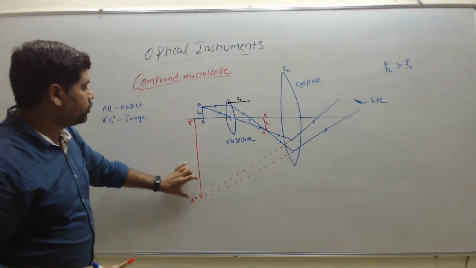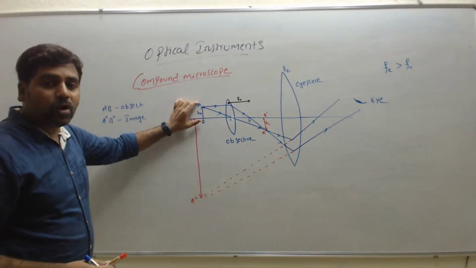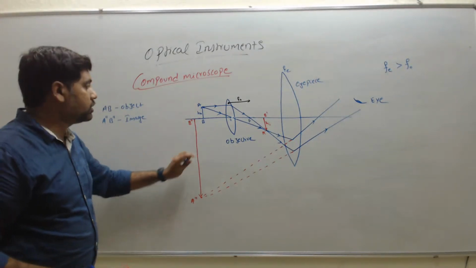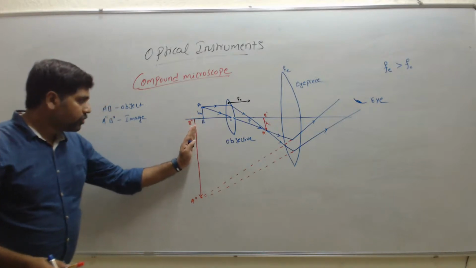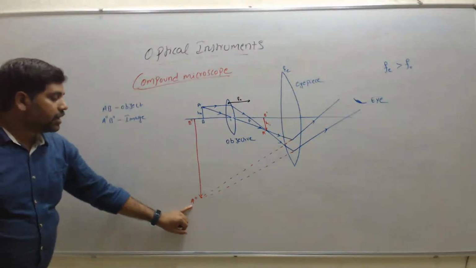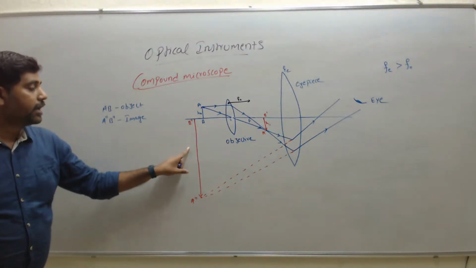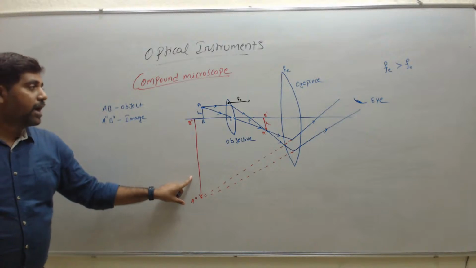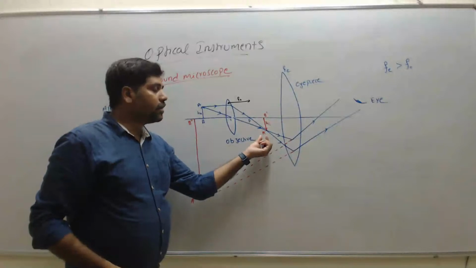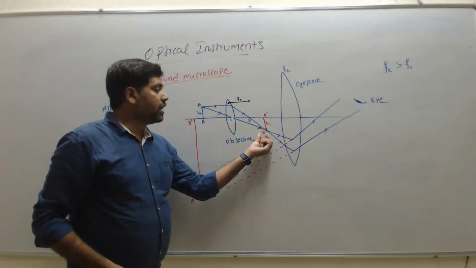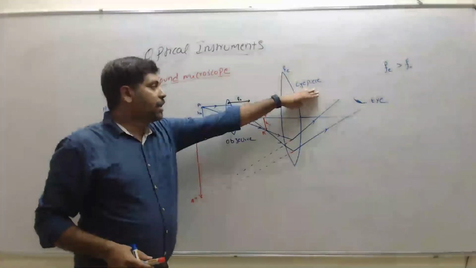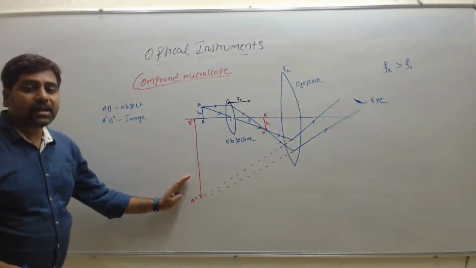If we observe these two, AB is very small and A double dash B double dash is very large. The image of the object, B double dash and A double dash, is a magnified image. In the first case, the image is real and inverted. And in the second case, that is for the eyepiece, we get the image magnified.